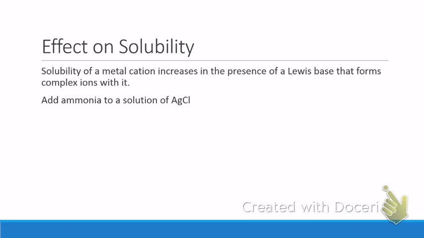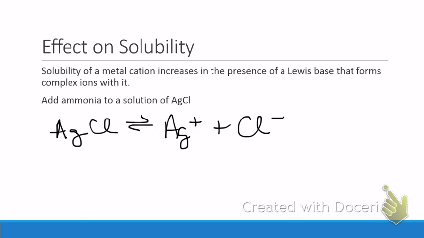So for example, if we add ammonia to a solution of silver chloride. If we think about our dissolution of silver chloride, we know that only a very small amount is going to dissolve, and it's going to dissolve to form silver plus and chloride minus. The Ksp for that is very small, so only a very small amount of silver ion will be present.